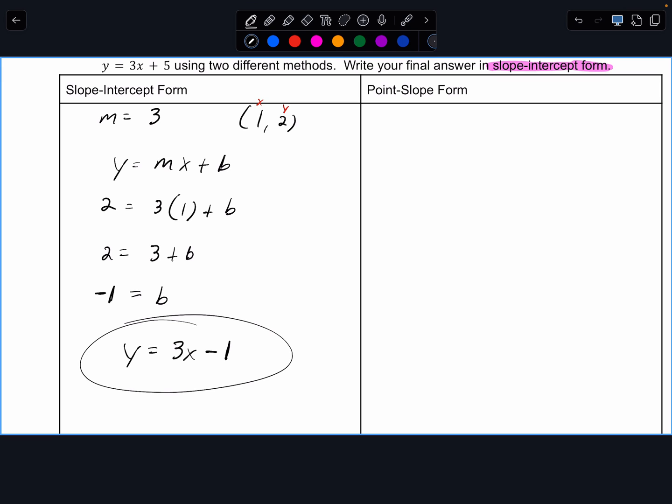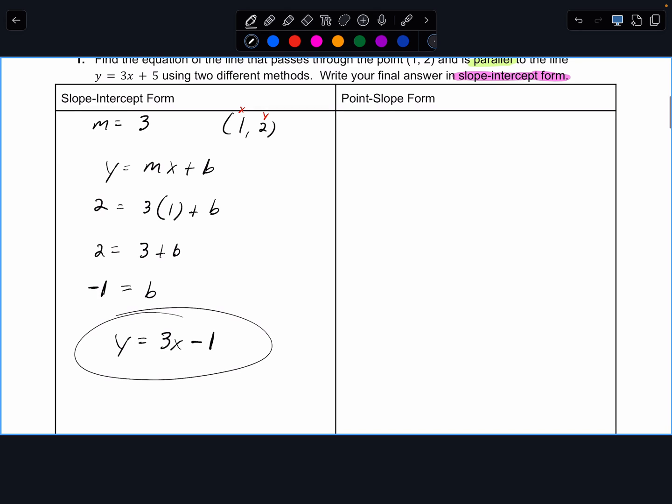Because we're going to do it again. Okay? All right, let's do it again in the next column using point slope form. All right, now I'm going to pull the same stuff that we just did, where the slope is 3 and my point is 1, 2. All right, what is my point slope formula?